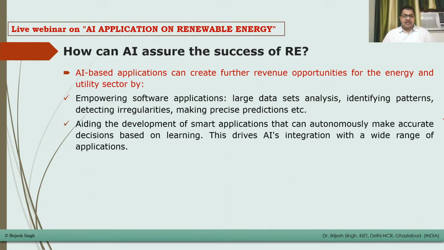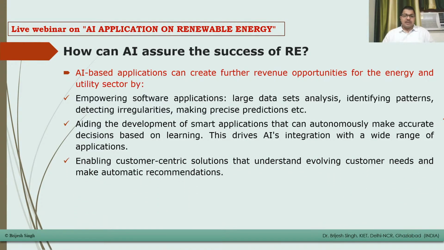Now, adding the development of smart applications that can autonomously make accurate decisions based on learning, to drive AI integration with a wide range of applications. Apart from that, enabling customer-centric solutions that understand evolving customer needs and make automatic recommendations.